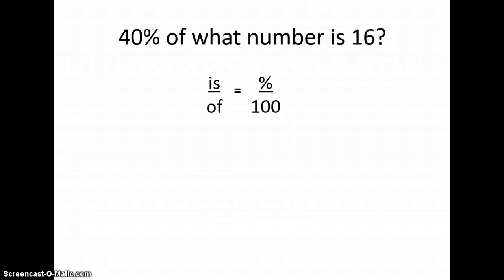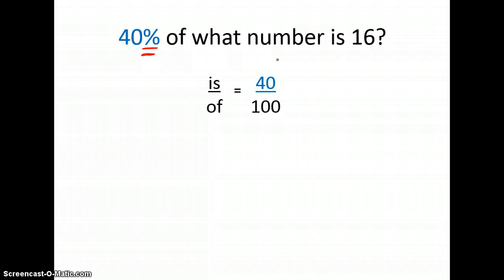Let's look at another one. 40% of what number is 16? When I'm looking at this, the first thing that might jump out at me is that 40%. It's very easy to find the percent because it's got the percent symbol with it in a percent question. And so I just plug that in where the percent goes in my standard proportion here. So now I need to decide, do I have the is or the of or both?